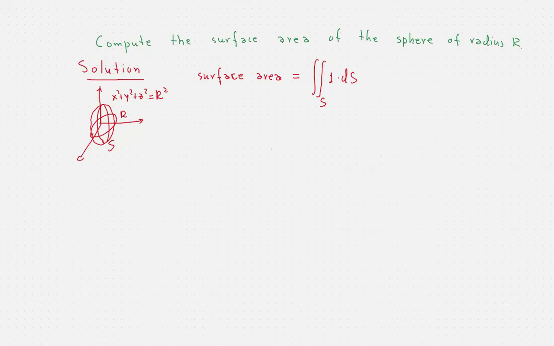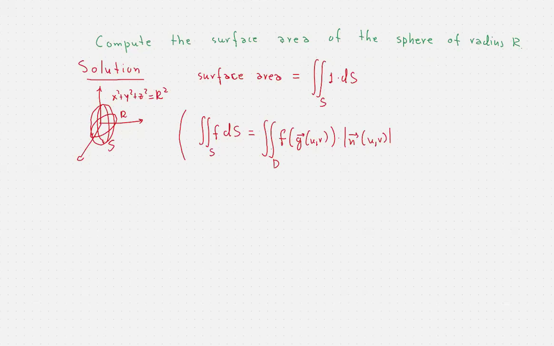Let's recall in general that a scalar surface integral of a function f along a surface S is given by a usual double integral over the domain of a parameterization, let's call it g of u v, times the magnitude of the normal vector which is attached to this parameterization. So this is the formula that we wish to implement.